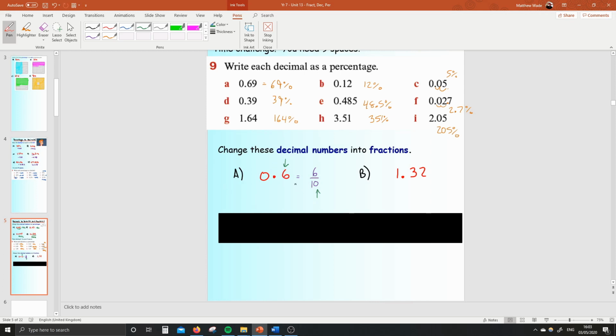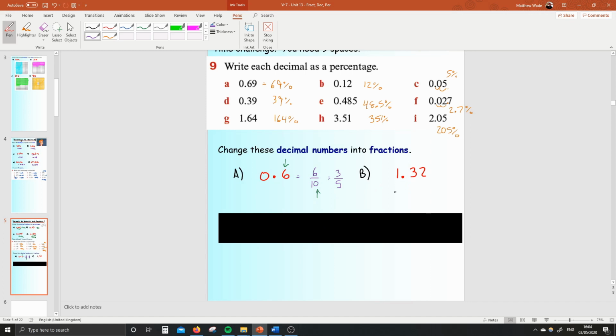These are the tenths, which means if the 6 is in the tenths column, it is 6 tenths. If you went smaller still, it'd be hundredths, thousandths, 10,000ths. Now the thing is, that's not simplified, is it? So divide the top and bottom both by 2, 3/5. Got it. Cool.